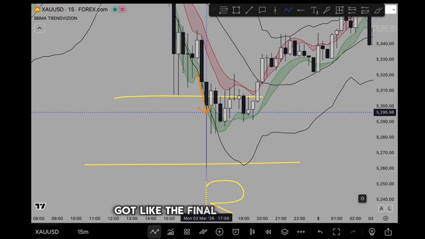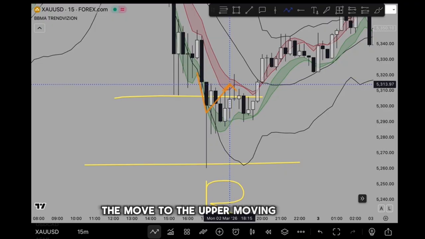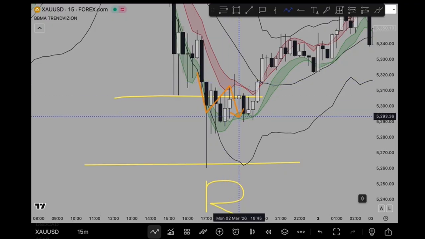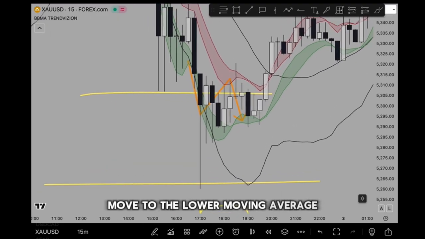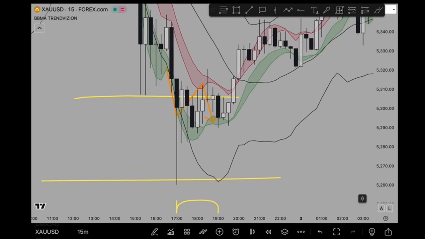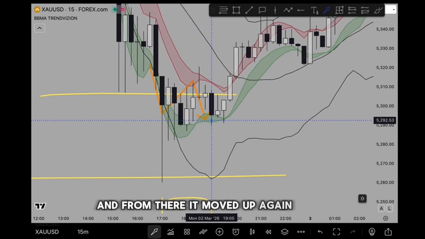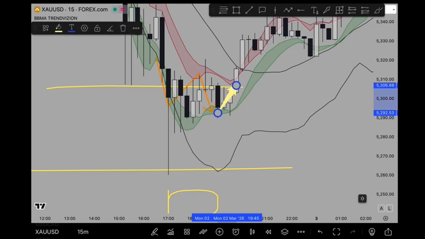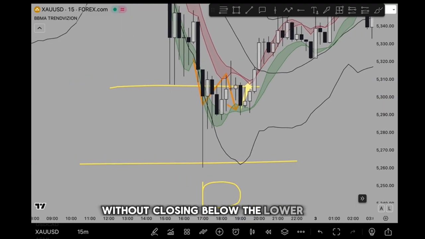Got like the final momentum move, then the move to the upper moving average, move to the lower moving average right here, and from there it moved up again to the higher moving average without closing below the lower one.